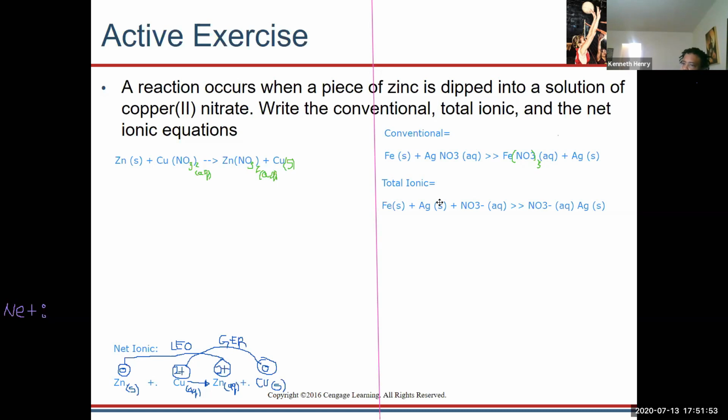Okay, let's see. Okay, that is correct. Down here for your net ionic charge. Loss of electron, gain of electron. Good job, good job.